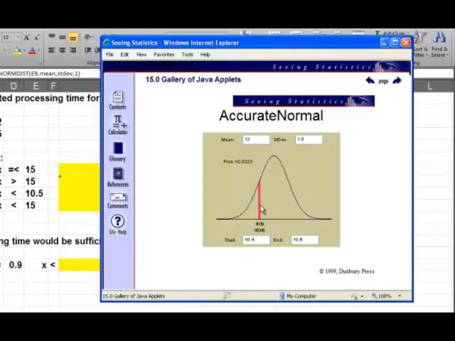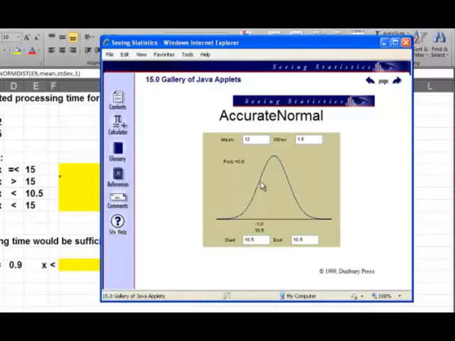If I ask the question, what's the probability of x being exactly equal to 10.5, I really have to say I want this area starting at 10.5 and ending at 10.5. And you notice it goes away. My rectangle is still there, except it's infinitely small. And this is an important thing to recognize.